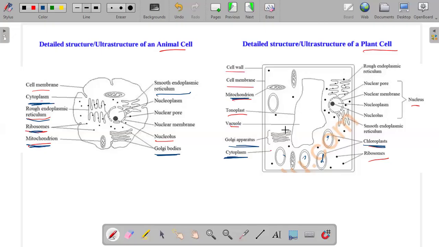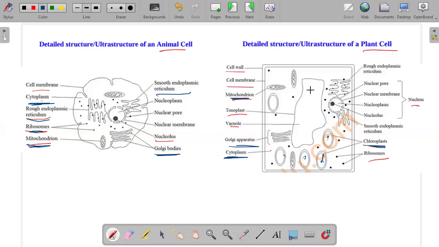These are green-like structures that in fact give the plant its green color. The function is to trap light, and that light is used for photosynthesis, which is just the plant making its own food.